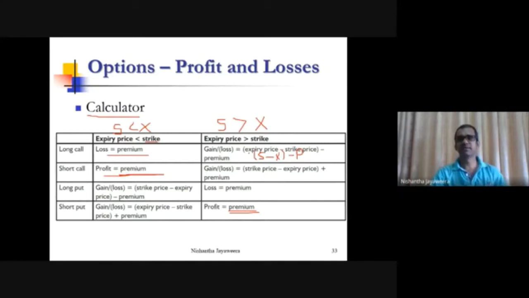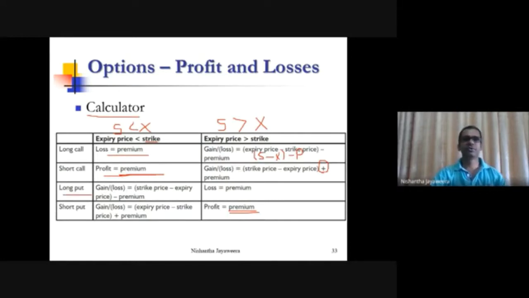Then whatever the profit becomes for the buyer becomes the loss for the seller of the call option. So remember, here I have made it a plus and hence changed these to strike price minus expiry price. So this is a loss.